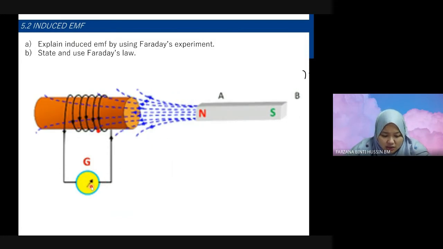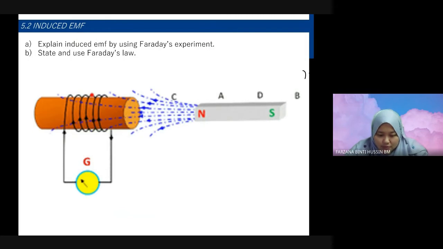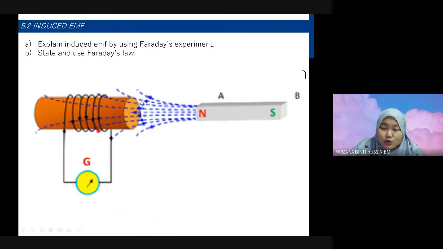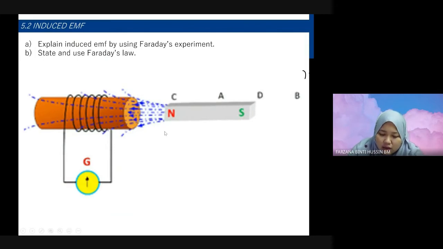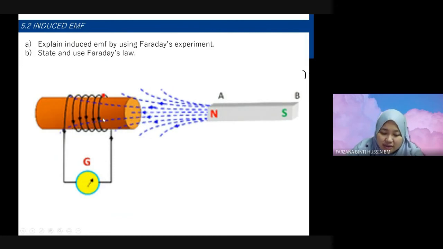But remember, the deflection of the galvanometer is in the opposite direction of the direction of current. Okay, what we are trying to explain here is that electromagnetic induction is produced by the changing of magnetic flux across the coil or current carrying conductor.